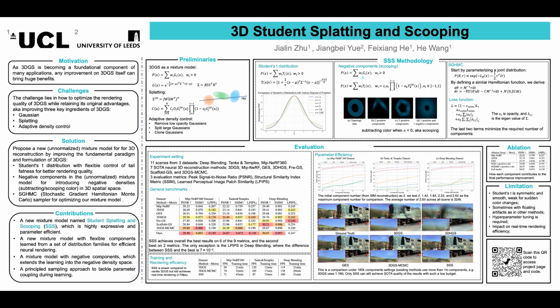Okay, so we've got these more flexible components, the t-distributions, and the ability to both add density with splatting and subtract it with scooping. But combining learnable tail thickness and positive-negative densities, that sounds a lot more complex to manage than just dealing with positive Gaussians. It definitely is. How does SSS handle the learning, the optimization process?